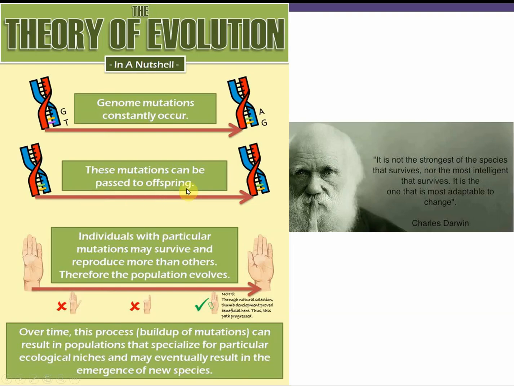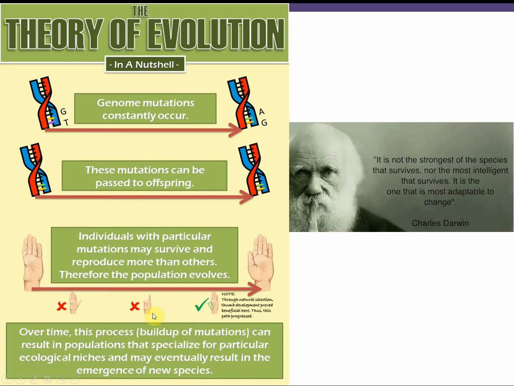So some individuals will be more successful at survival and reproduction than others. Individuals with those particular mutations may survive and reproduce more, and therefore, over time, the population as a whole will evolve. So there'll be a genetic shift in the population. In this rudimentary example, through natural selection, the thumb developed and proved beneficial.